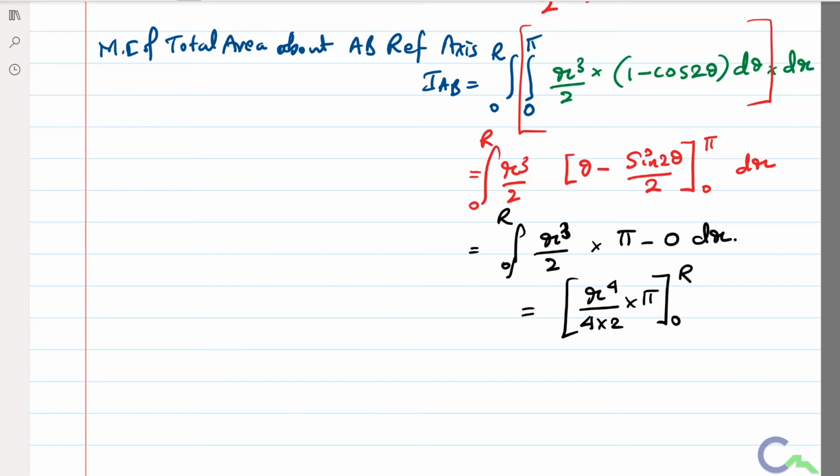So if I apply the limit, I can write IAB is equal to pi r to the power 4 divided by 8.